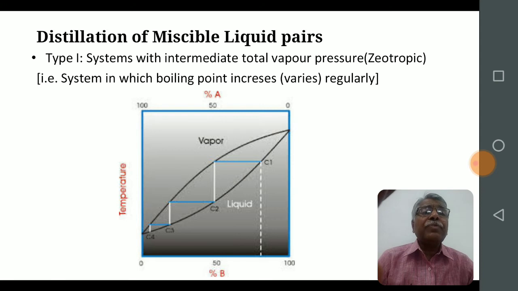If we condense the vapors, we will obtain another liquid having composition C2.